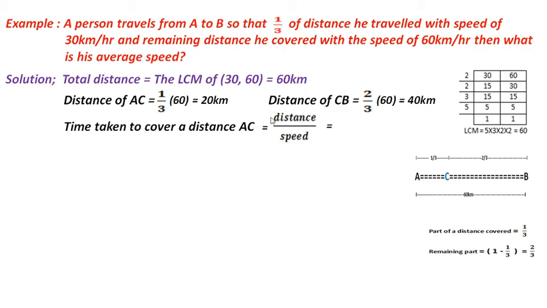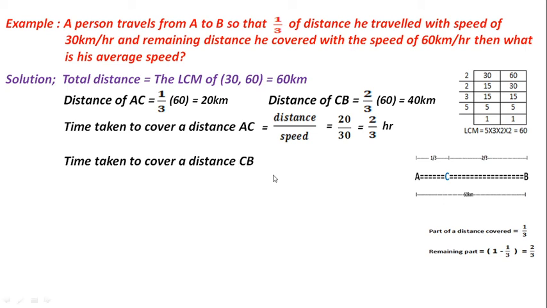So 20 by 30 gives 2 by 3 hours. So the time taken to cover the distance AC is 2/3 hours.